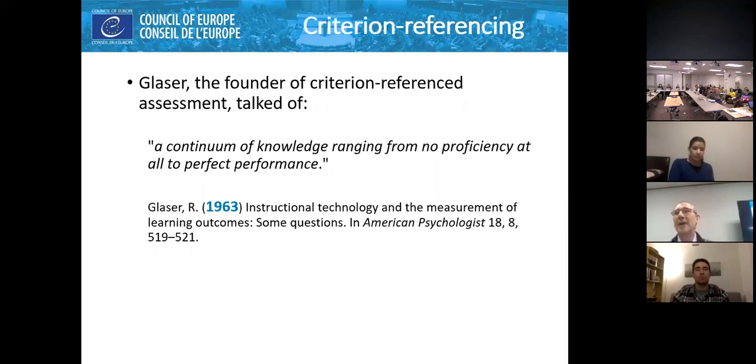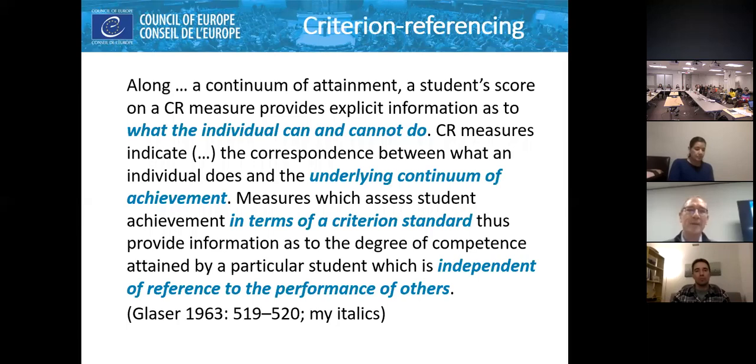Glaser, the founder of the concept of criterion referencing, talked about a continuum of knowledge ranging from no proficiency at all to perfect performance. And the idea was that along this continuum of attainment, a criterion reference measure says what the individual can do and, by implication, cannot do, in relation to this underlying continuum of achievement.